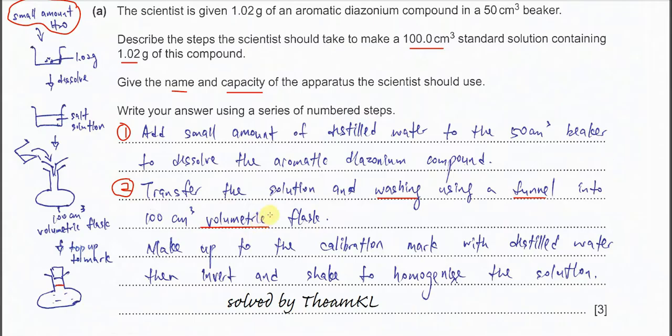You must mention the volume and the type of apparatus. Last step: make up to the calibration mark with distilled water, then invert and shake to homogenize the solution. So the solution is already prepared.